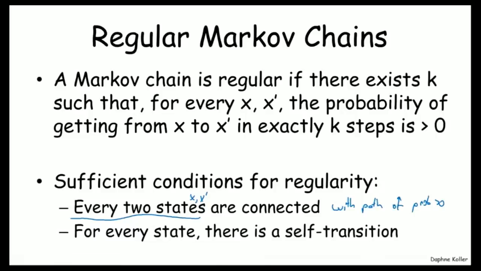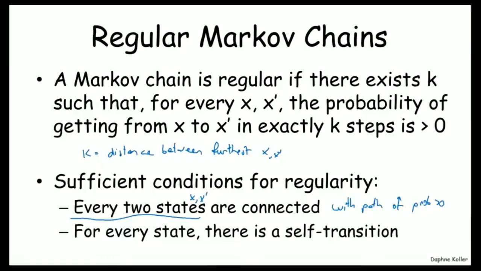So if you think about that, that means that if you take k to be the diameter of this graph, so if you set k to be the distance between the furthest pair of states, then you can get between every pair of states using exactly k steps, because you can take less than k and then just stick around for a while until you hit k because of the self-transitions.